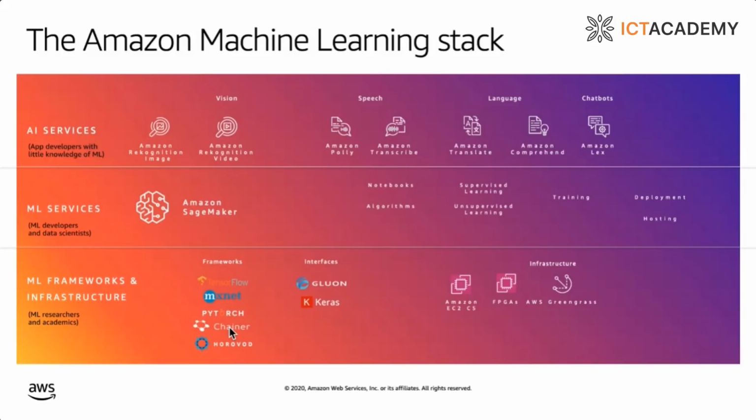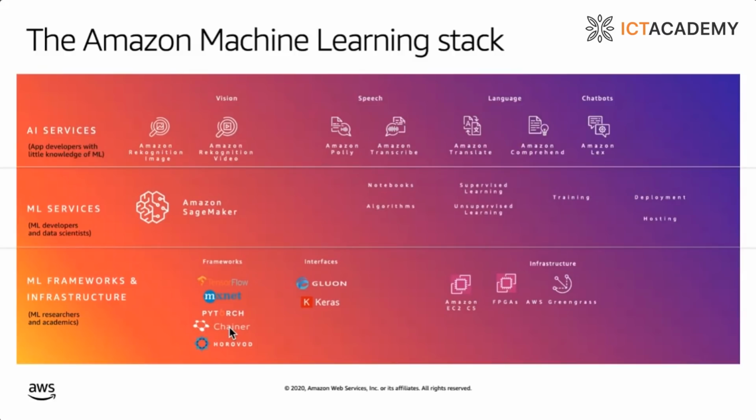Just to give you a summary, the top layer is for developers who have no knowledge or little knowledge about machine learning. The second layer is for those who want to go one level deeper and still be able to bring your own data set, train it and tune it, and bring your own algorithm, make more changes.